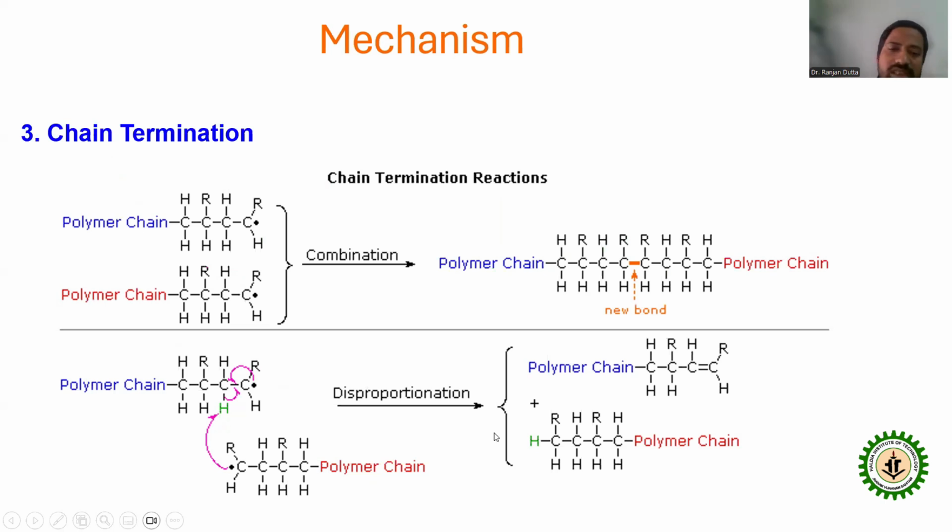Whereas in the disproportionation step, one of the polymer chains will be oxidized, the double bonded one, and another polymer chain will be reduced to form this one. So simultaneously, both oxidation and reduction are occurring. That's why this is a disproportionation step for the formation of the final polymer.